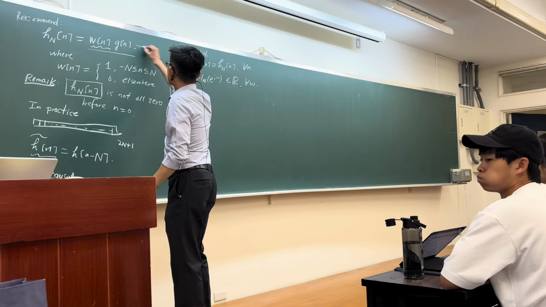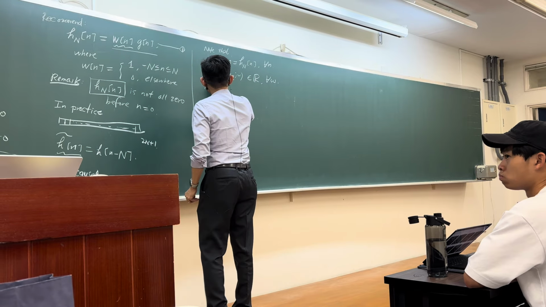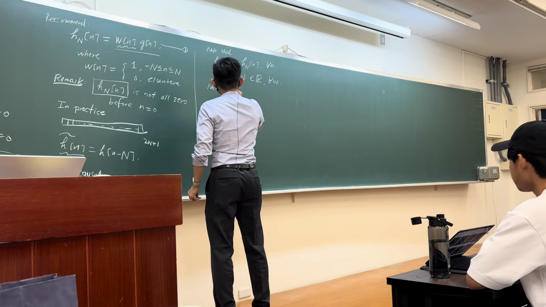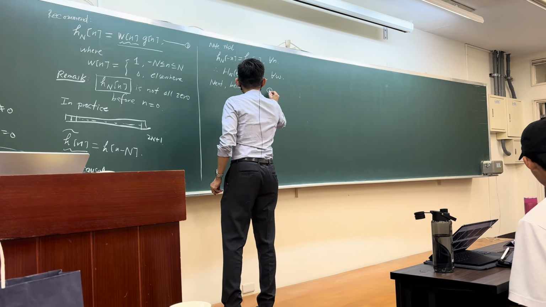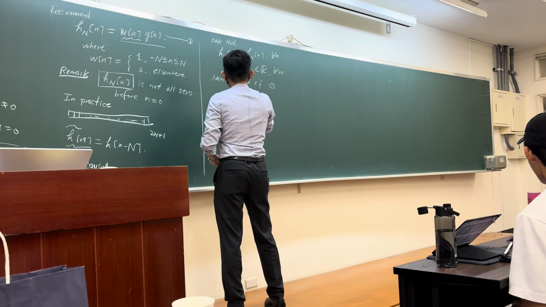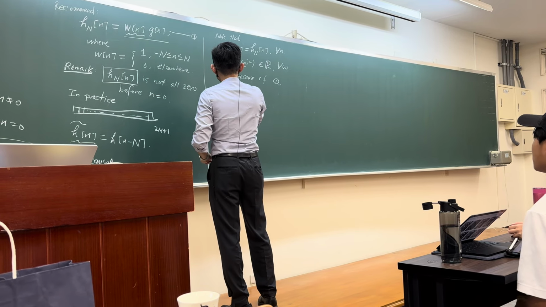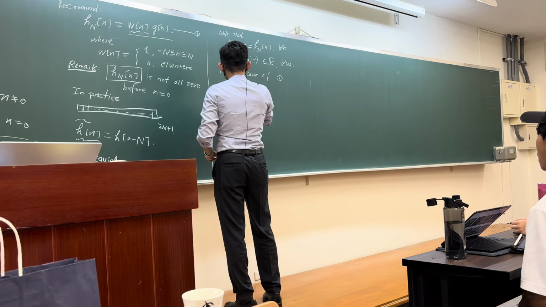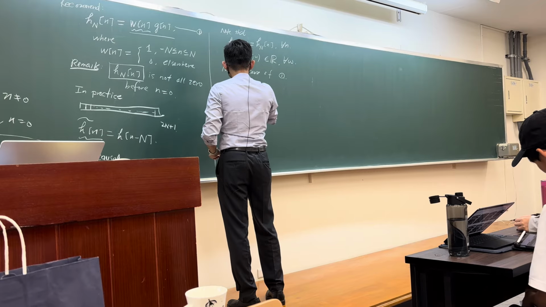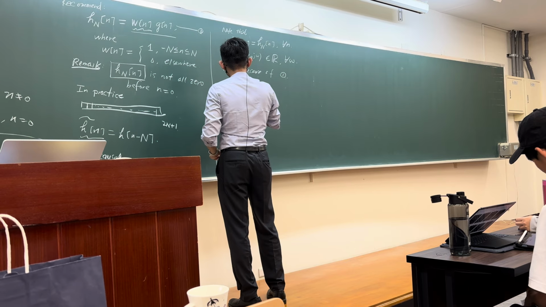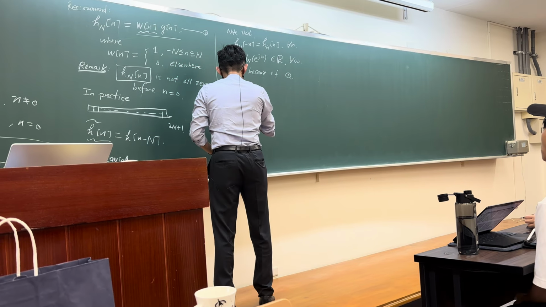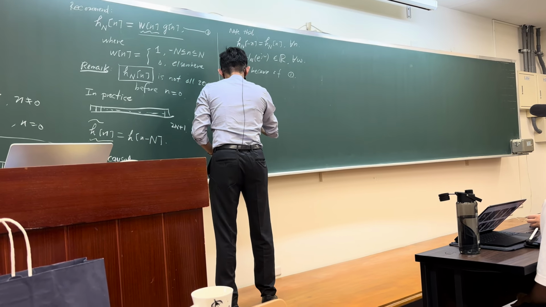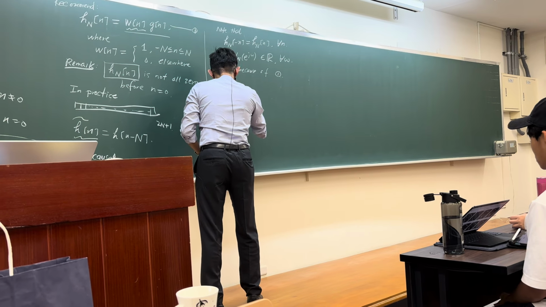Because of this multiplication in the time domain, we know that when we take the Fourier transform, our desired response, actually this is a sloppy notation, I should write H_N(e^{jω}), but you know what I mean.